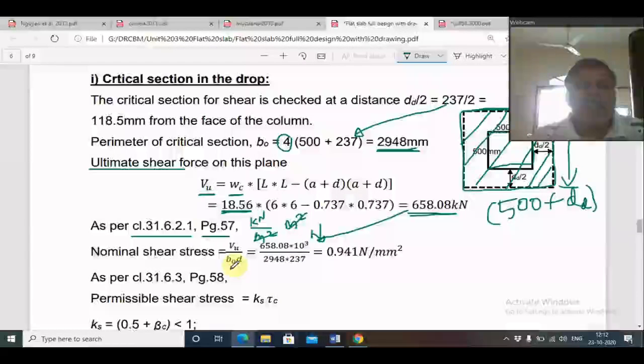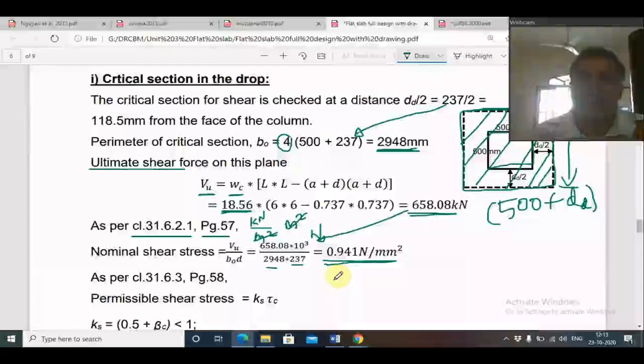Area is shear perimeter, that is the perimeter of the critical section, 2948 into effective depth 237. After simplifying, we get the nominal shear stress value as 0.941 Newton per mm square. Now we have arrived at the actual shear stress.